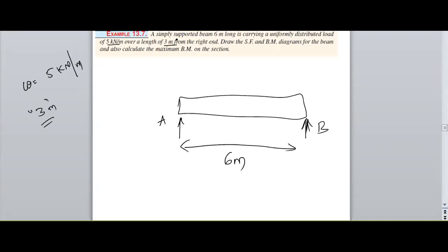So it is given that it begins from the right end. Therefore, this is the left side and this is the right side.